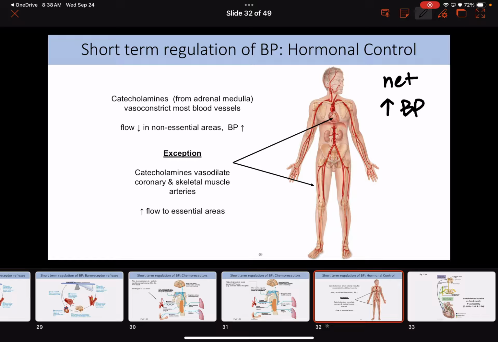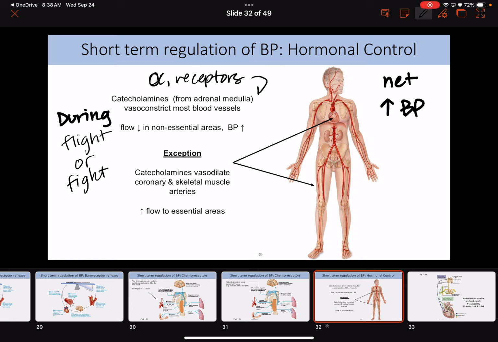And so this is during fight or flight. We use alpha-1 receptors to constrict vessels body-wide.